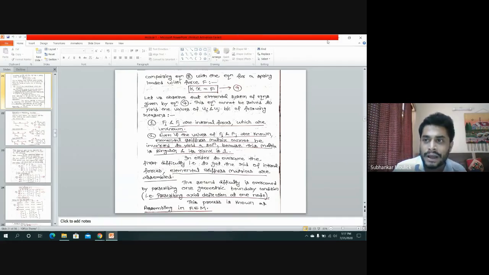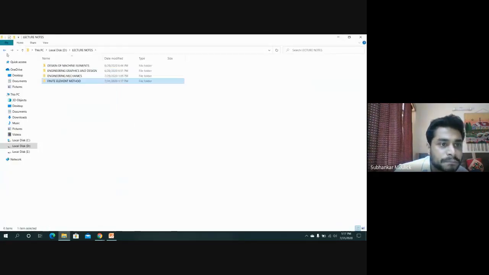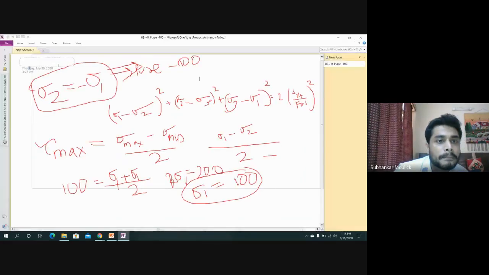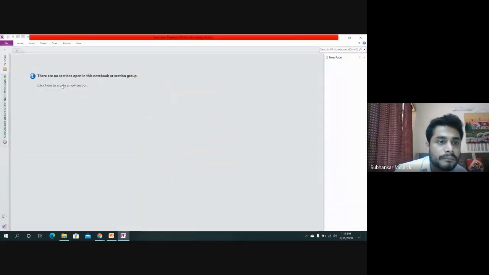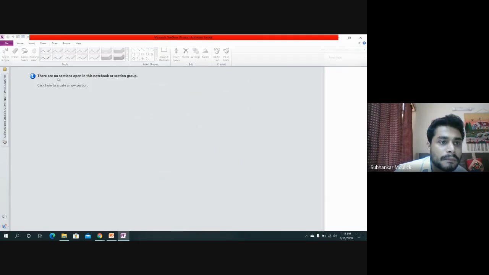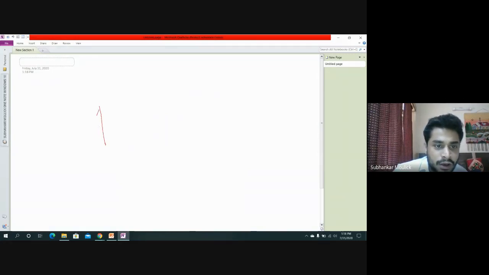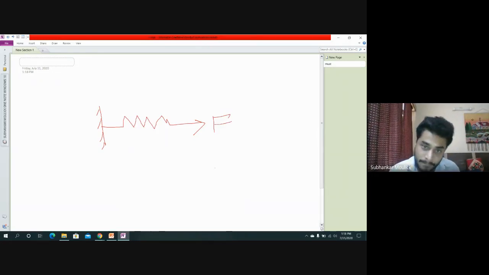That means if you have a spring, say this is a spring arrangement system, and if you apply force F at the free end of the spring, then the spring will come back to its original position by a force called the restoring force, and that restoring force is given by F is equal to minus Kx.